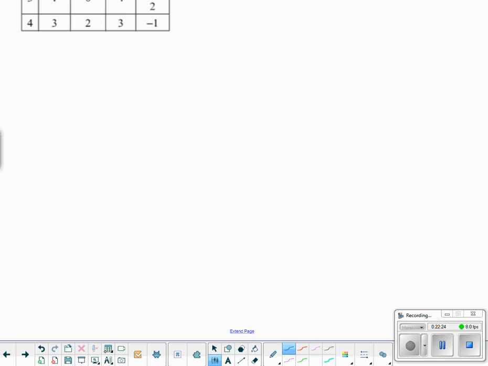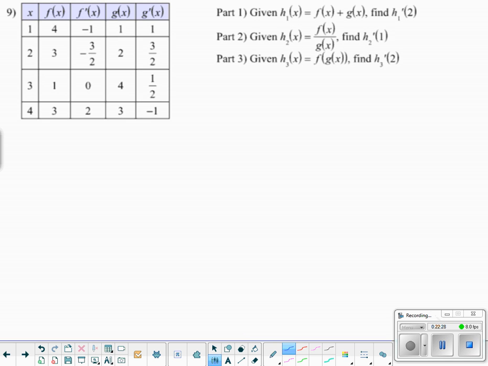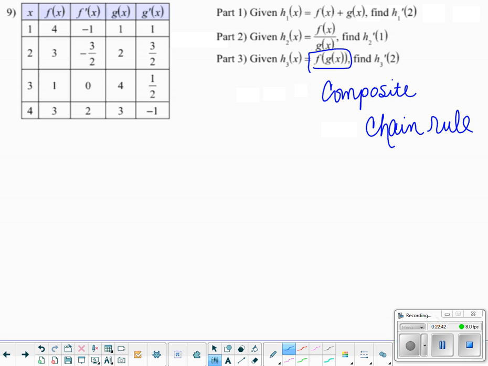And for the last problem on this review worksheet, I'm asking you to find h sub 3, and the first thing I know is that I have a composite function. To take derivatives of a composite function, we got this handy dandy tool called the chain rule.